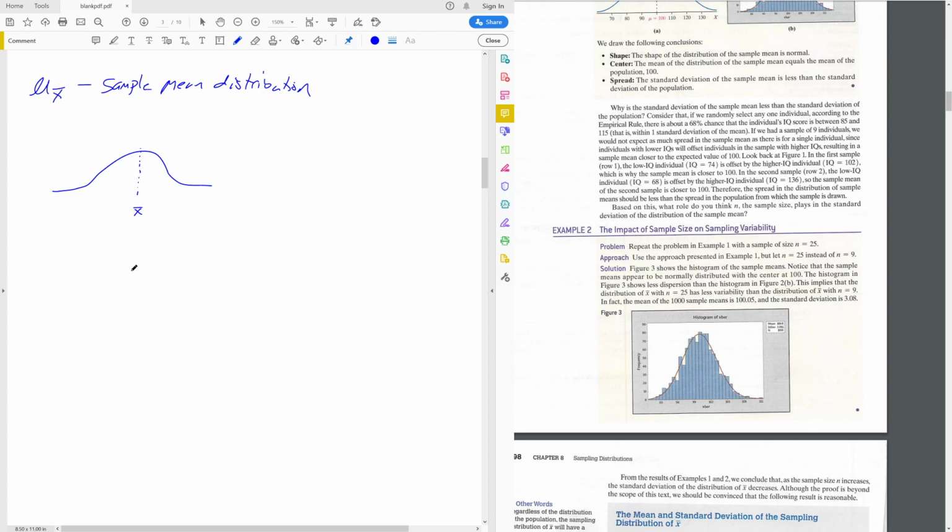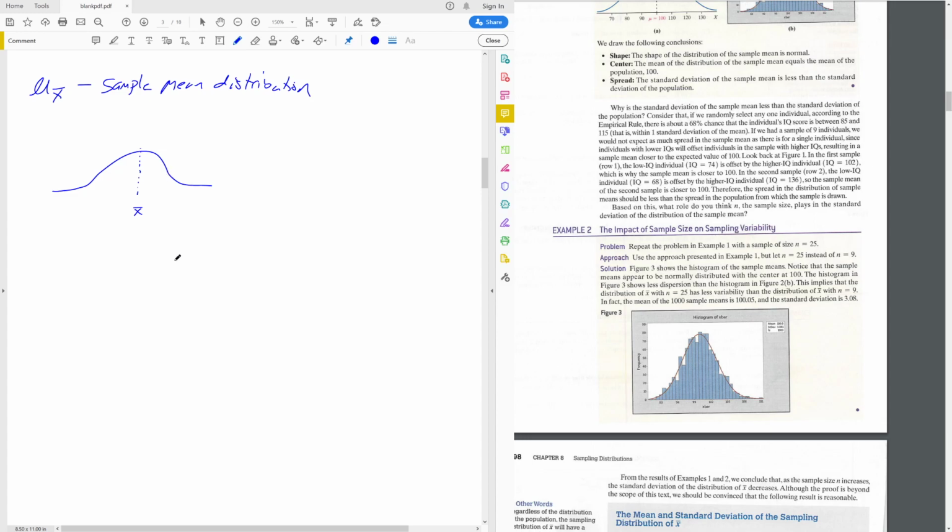So the idea here is, because we're not talking about individual data points anymore, because we're talking about a sample distribution, right? Each one of these data points, in my example of sampling 30 people, each one of these data points is an average of 30 people, right?